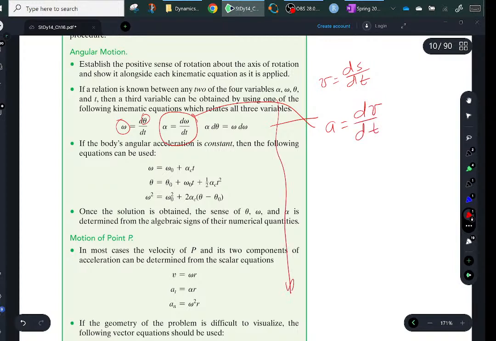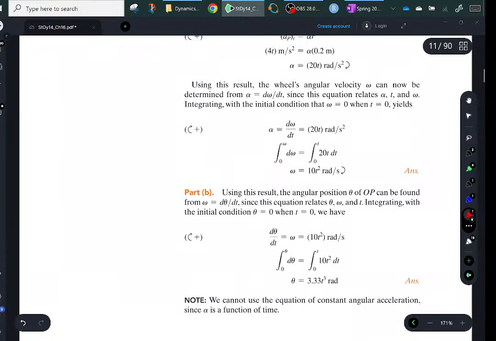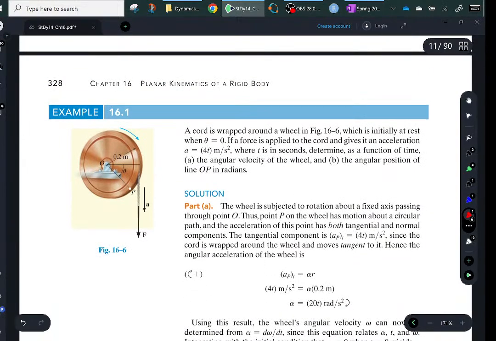All this is the same as chapter 12, except velocity was exchanged for omega, s for theta, and acceleration for alpha. The way you work all the problems is exactly the same, except now you're talking about rotational motion, and that's it.